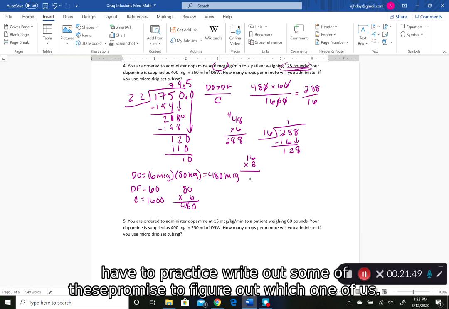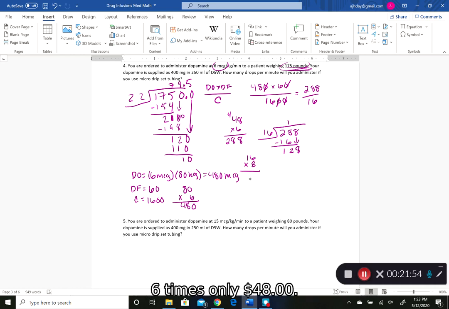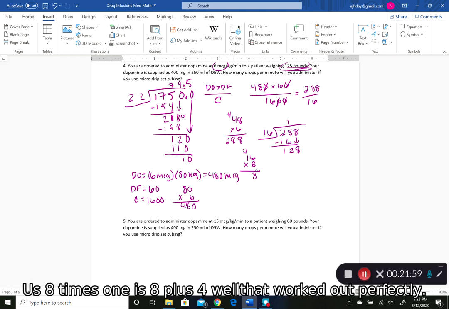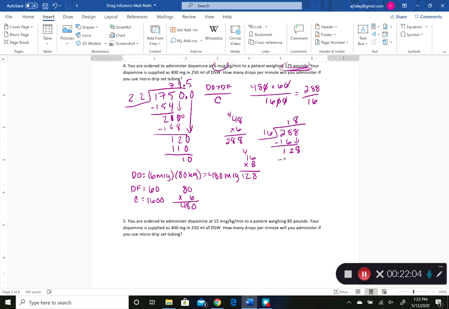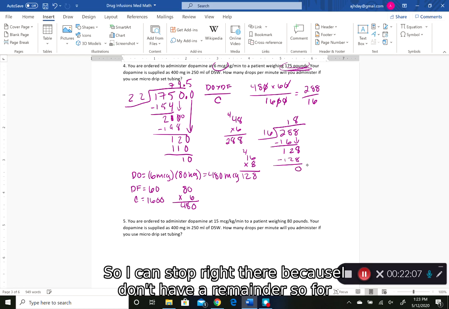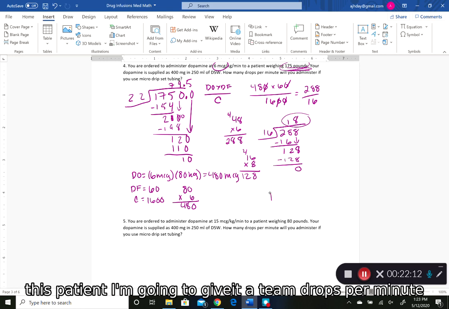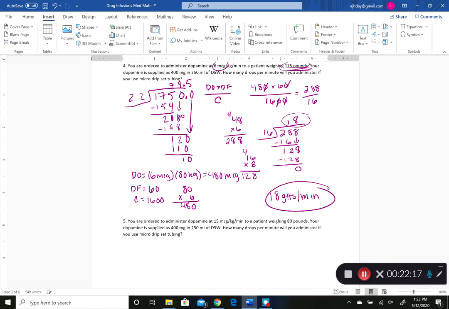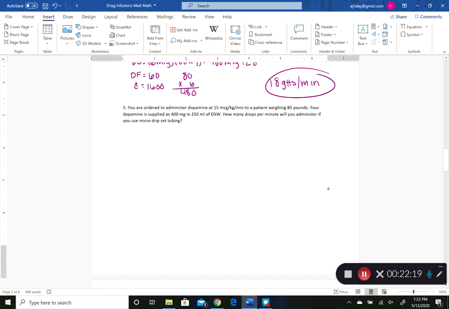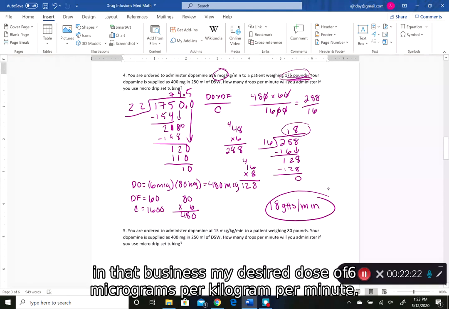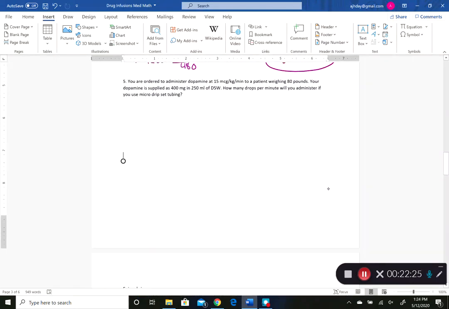And again, you might have to write out some of these problems to figure out which one it is. 6 times 8, 48. 8 times 1 is 8 plus 4. Well, that worked out perfectly. So I can stop right there because I don't have a remainder. So for this patient, I'm going to give 18 drops per minute. And that gives me my desired dose of 6 micrograms per kilogram per minute.